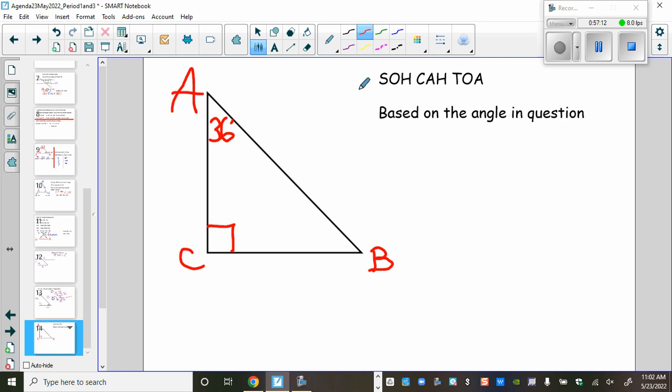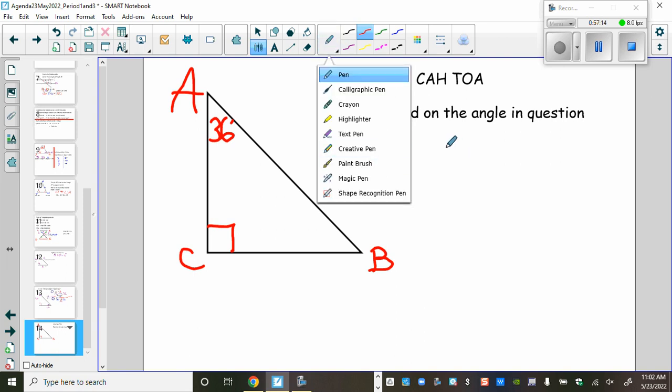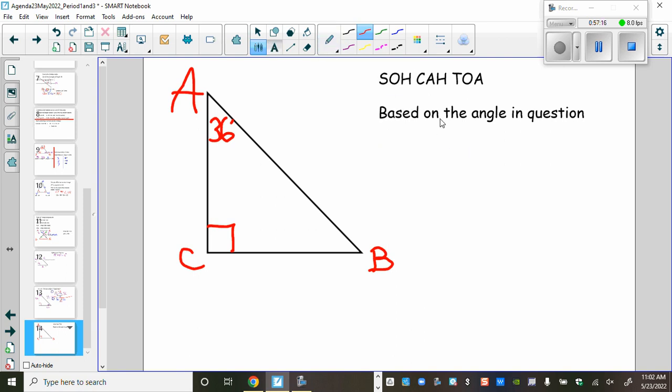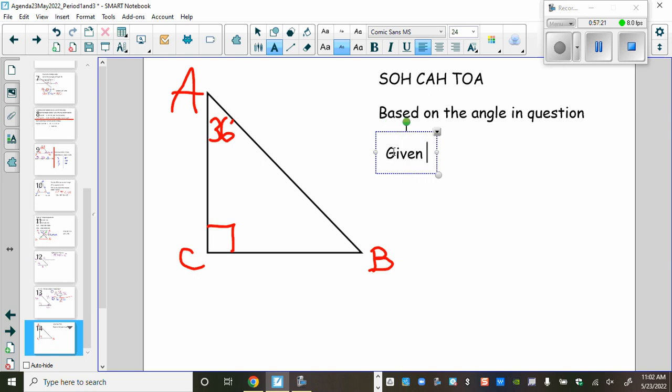Now, so let's say you're given angle A. Because basically what's going to happen is you got these three situations, because this S is for the sine.